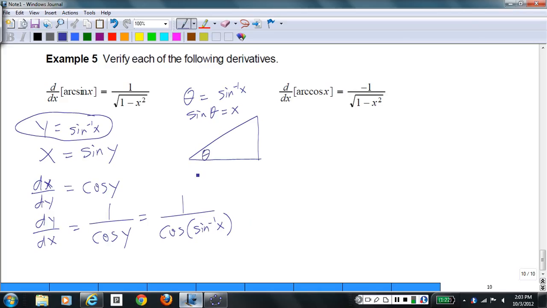So here's theta. And if the sine of theta equals, let's say, x over 1, let's write x as the side opposite and 1 as the hypotenuse. What would be the length of the other leg? The square root of 1 minus x squared, 1 squared minus x squared. The square root of 1 minus x squared. And if that's the case, what is the cosine of theta?